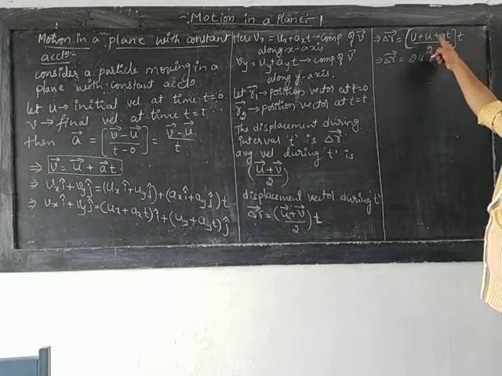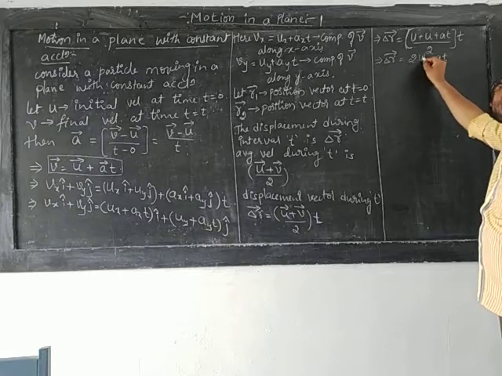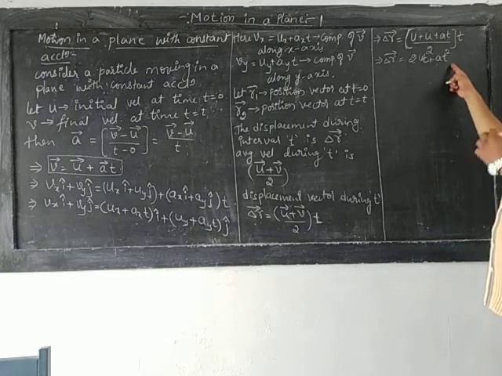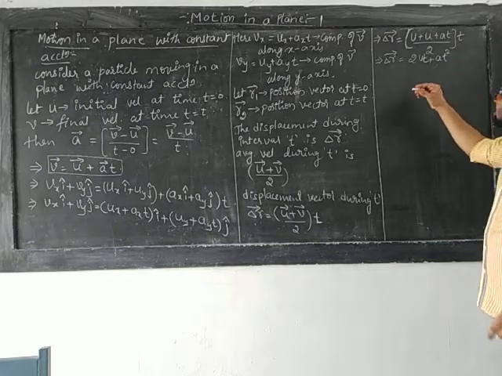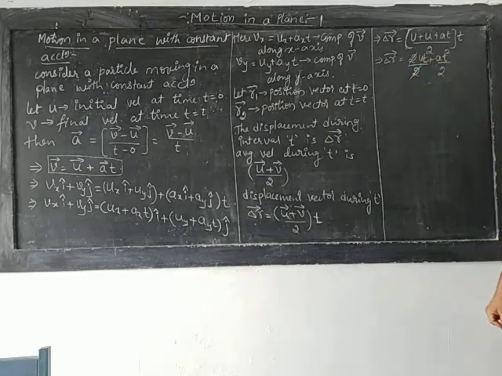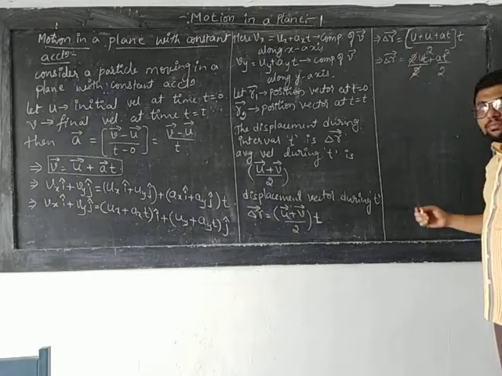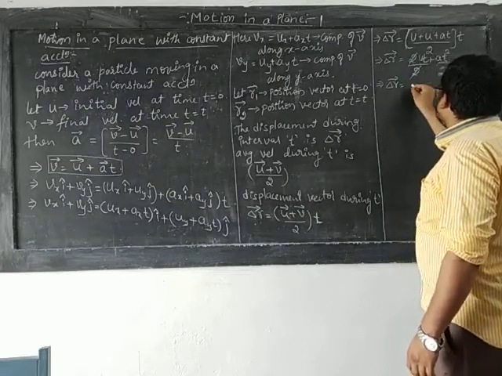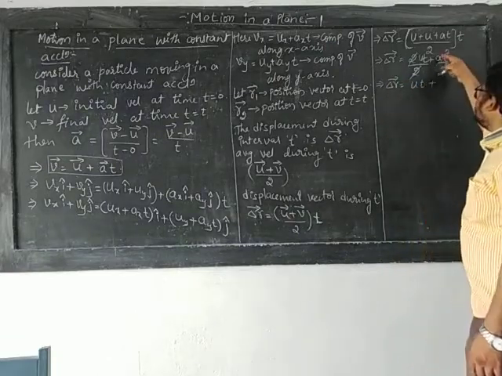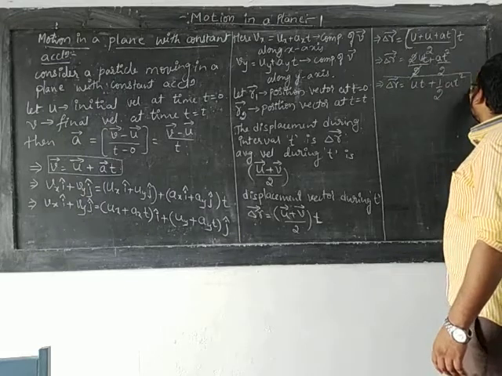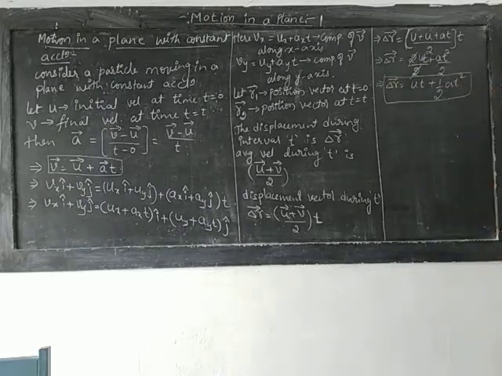I bring this t inside, then it will be multiplied with the 2u, that is 2ut, and divided by 2. So I will just make a fractionalization, divided by 2, divided by 2. So cancel 2 on denominator and numerator in the first term. Then that implies delta r is equal to ut plus half at square.